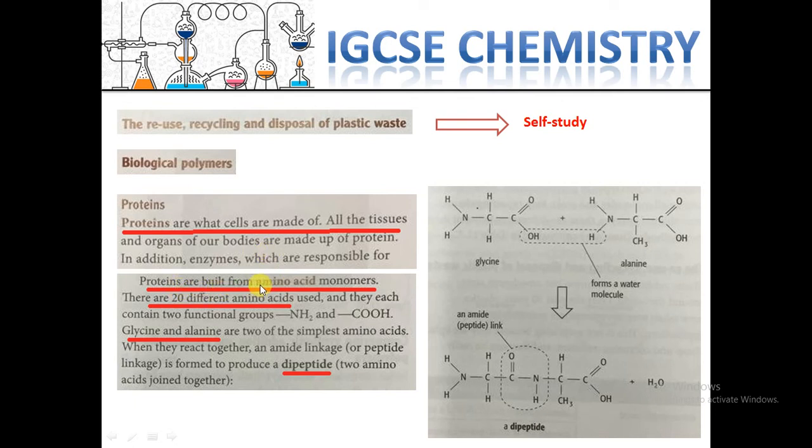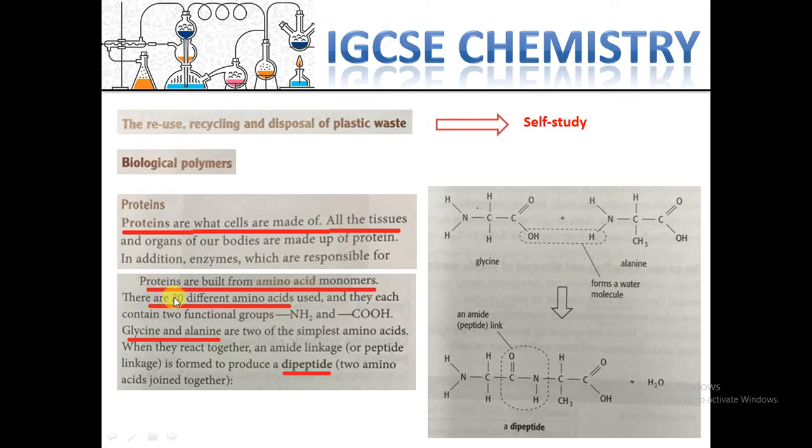Proteins are built from amino acids. Each monomer, actually we learned about monomer and polymer. So if we consider that protein is a polymer, the monomers are the unit cells to construct protein, called amino acid. So amino acid in protein plays a role as a monomer.